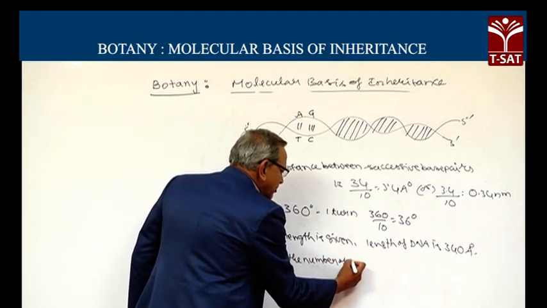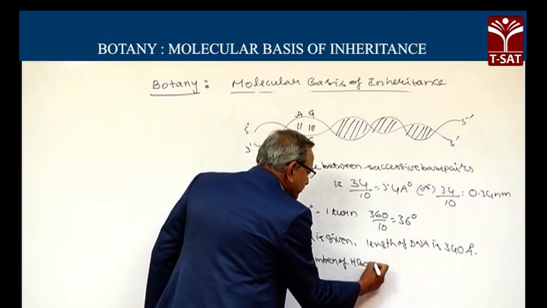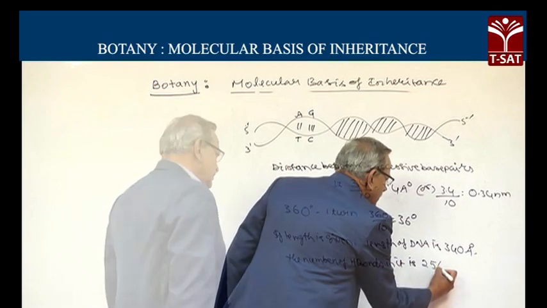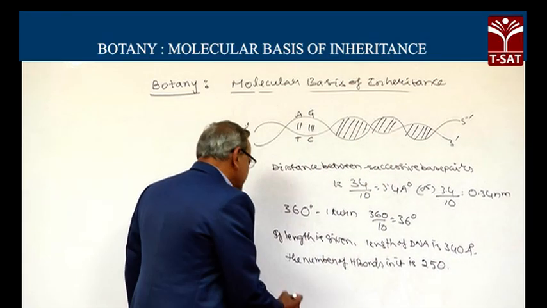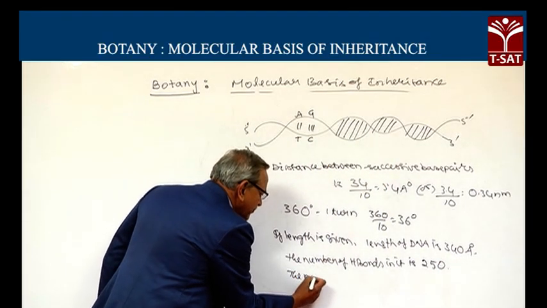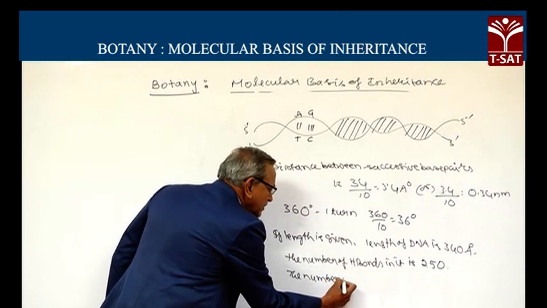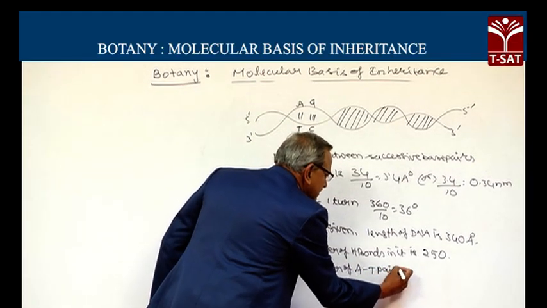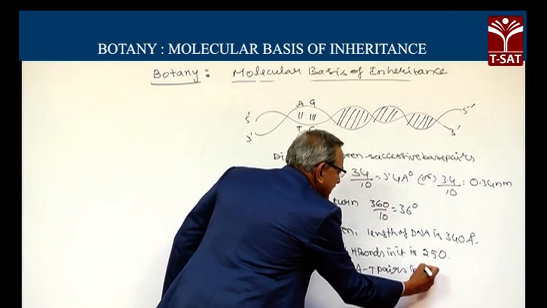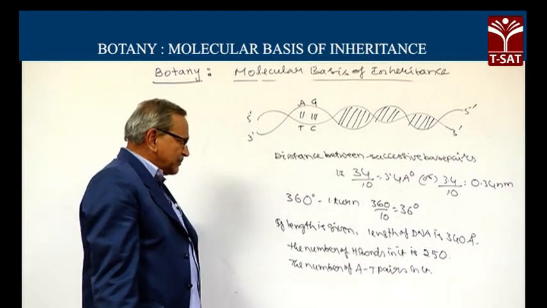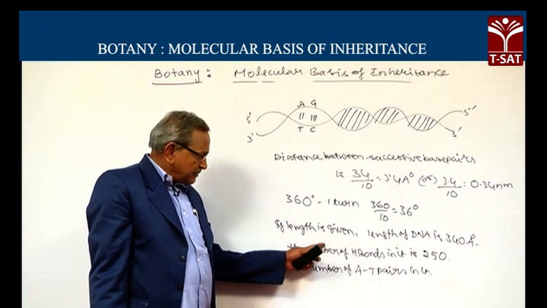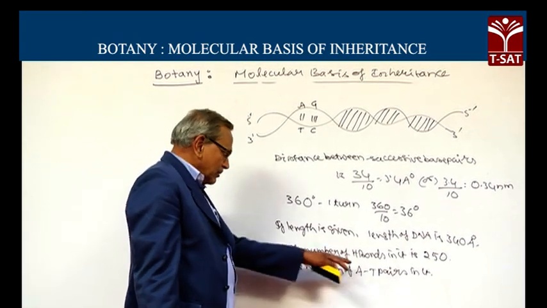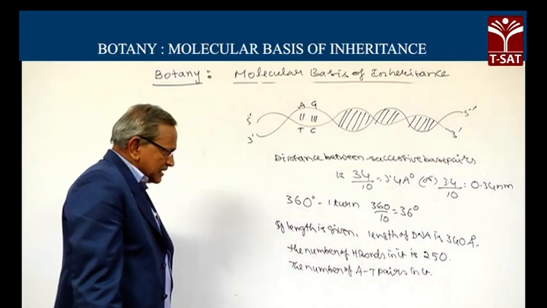The number of H bonds in it is 250. The number of AT pairs in it, how many AT pairs are there? If this data is given, we can calculate not only this, but different other things also.